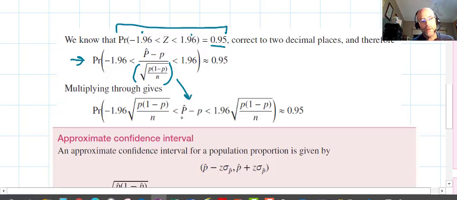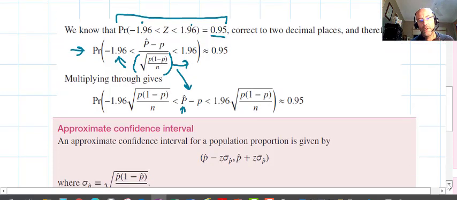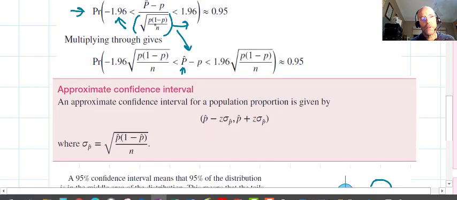For an individual variable, it's upper case P hat take p. And then you can see that the expression has been multiplied in all parts of the inequality. That's where it comes from. And just going from this step to that step is not something that you're likely to be asked to do, but that's where it comes from.